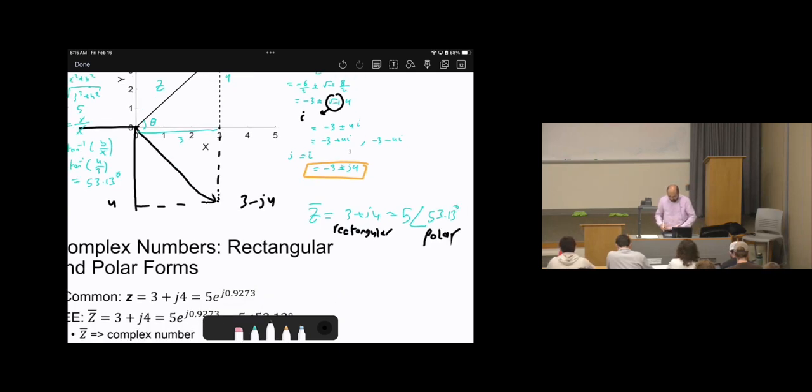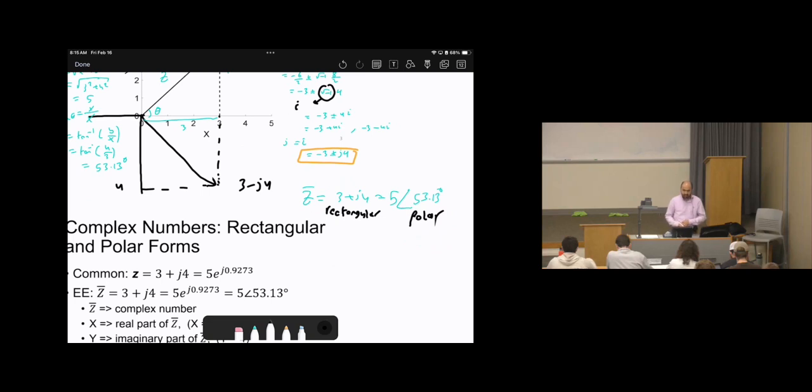Now, let's make some standards for electrical engineering. Sometimes our standards can be different from calculus, or from what you learn in math, which is based on the notation. Like when we replace I by J, our notation in electrical engineering is J. Now there is some other notation.